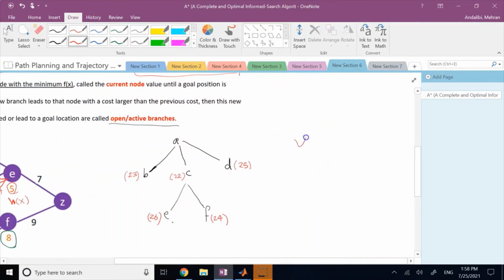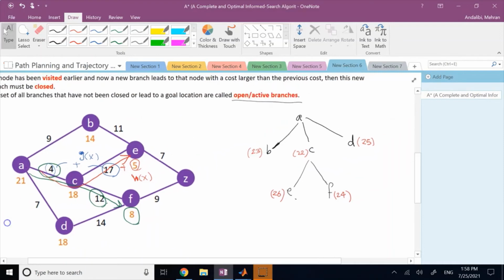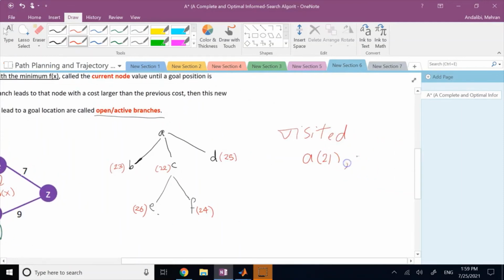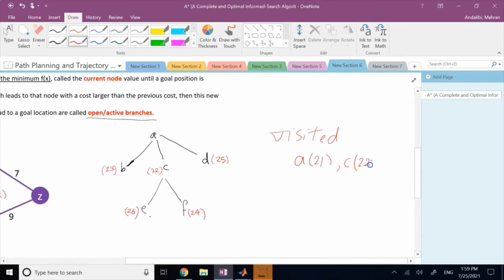So if I want to write it down, I can say which nodes I have visited. It's node A with the cost of 21, because there is no edge before that, and C has a cost of 22. So these are visited nodes.